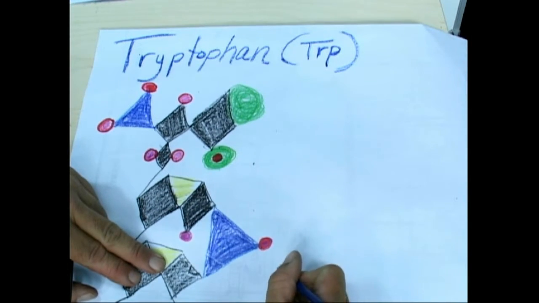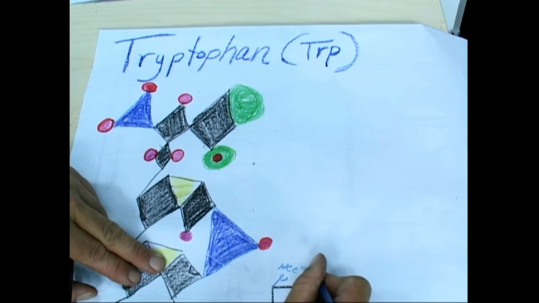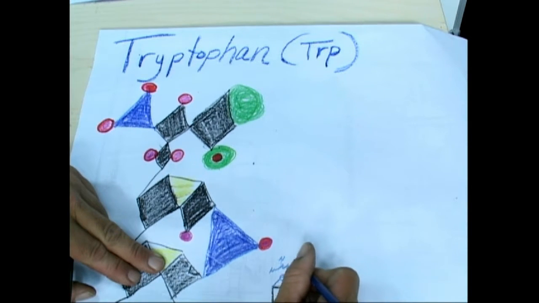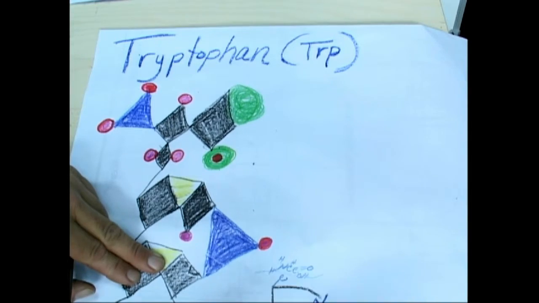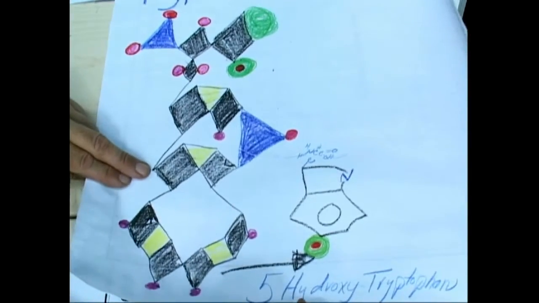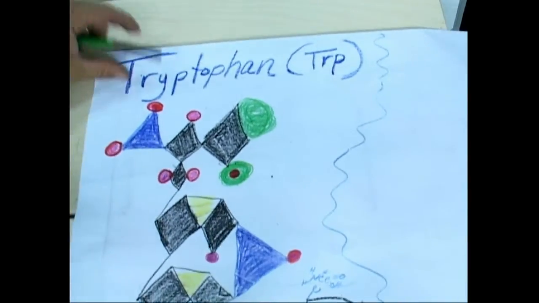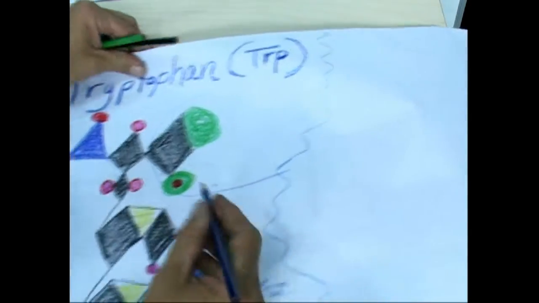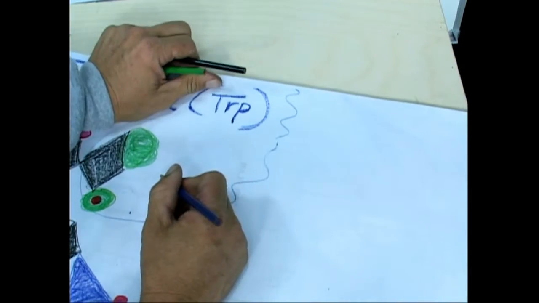C, O, OH. That's amino acid backbone. So, now what's going to happen on the carboxylic acid up here, going to have an enzyme that takes that away.